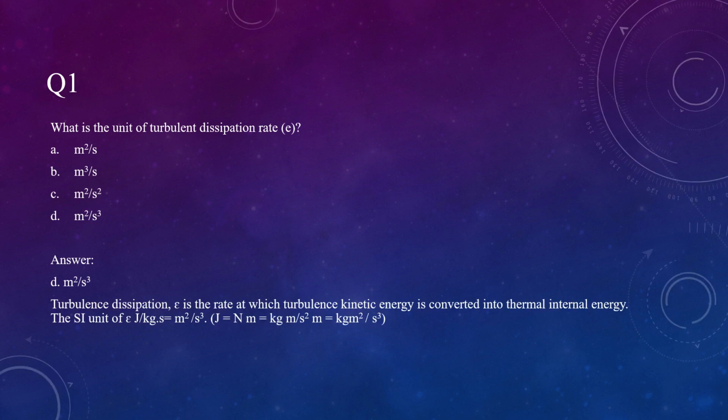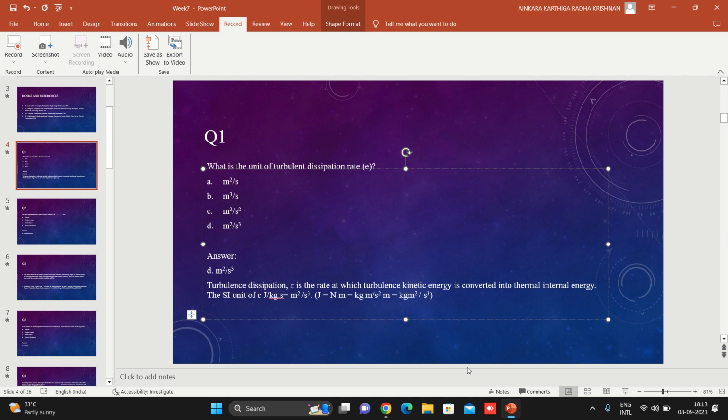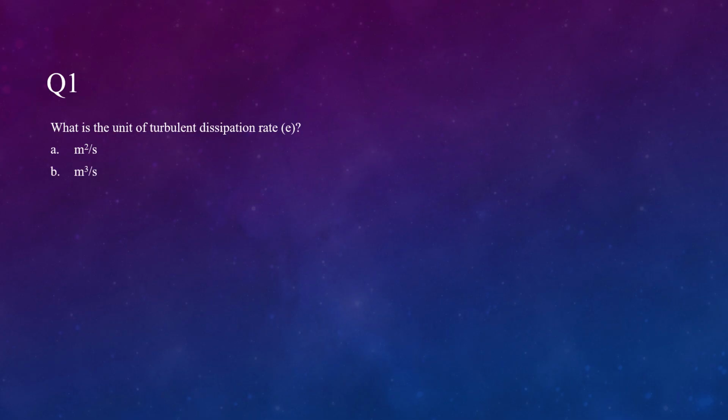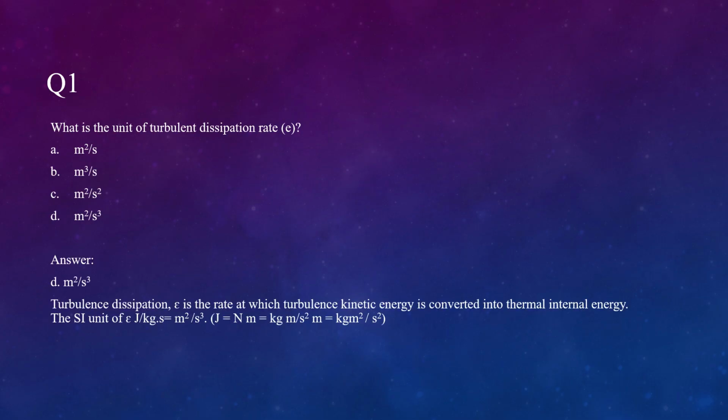So we have kg meter square per second cube. So on dividing this by the kg second, we have, sorry, it is second square. On dividing it by kg second, we have meter square per second cube. So the right answer to this question is option D, that is meter square per second cube. So we'll go on to question 2.